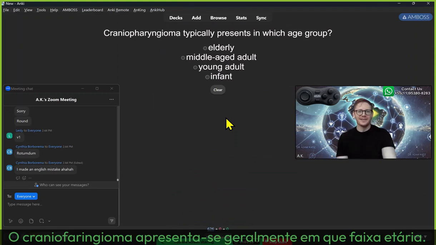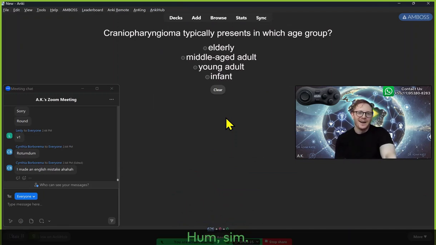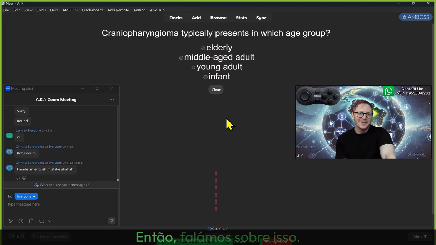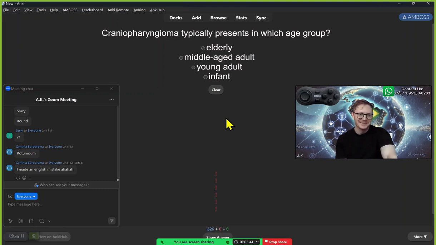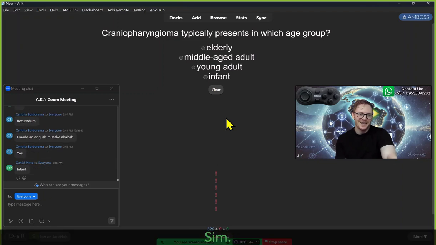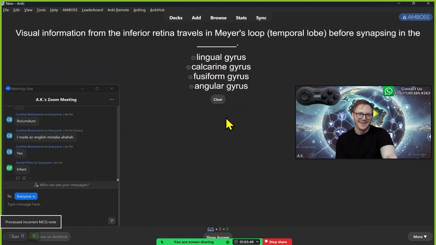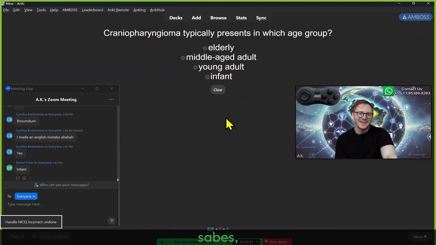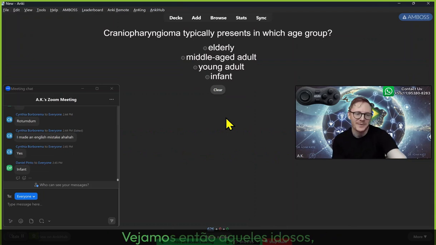Craniopharyngioma typically presents in which age group? We talked about this. It's supratentorial, right? Infant, young adult. Actually, they're saying it's a little bit older, so let's look at that.